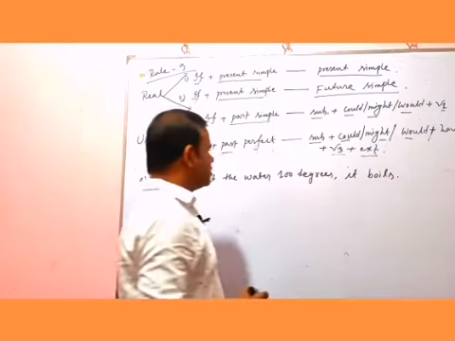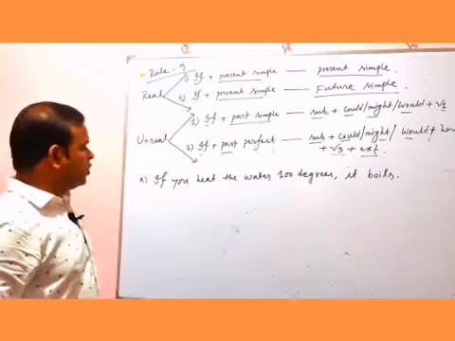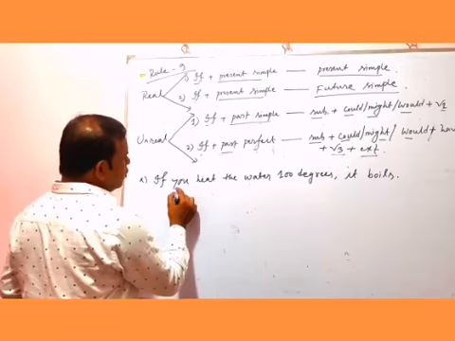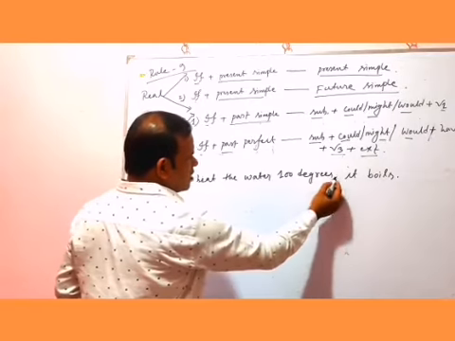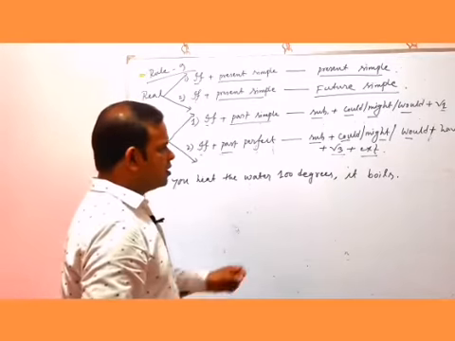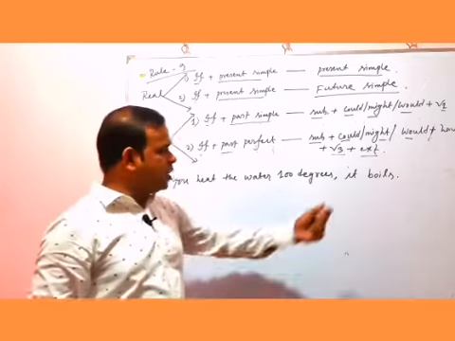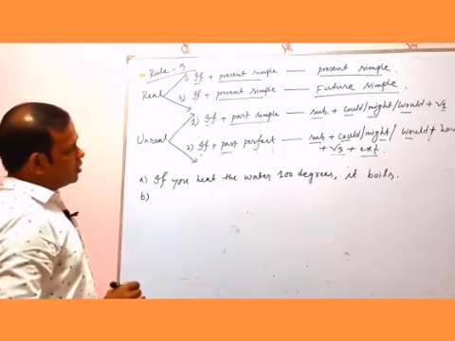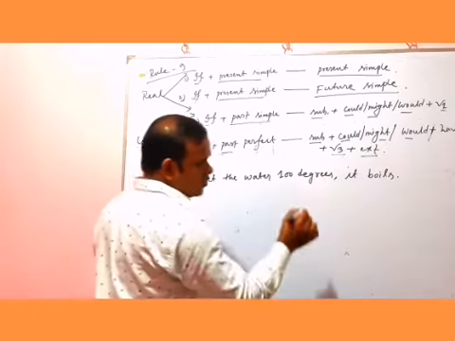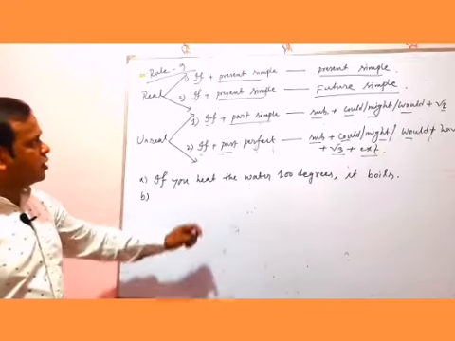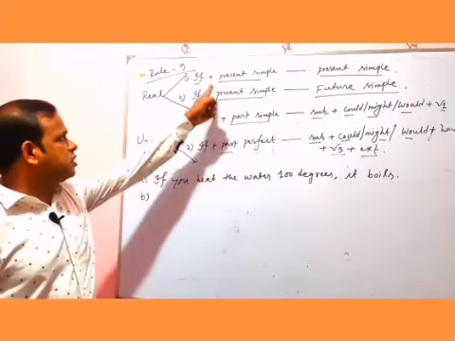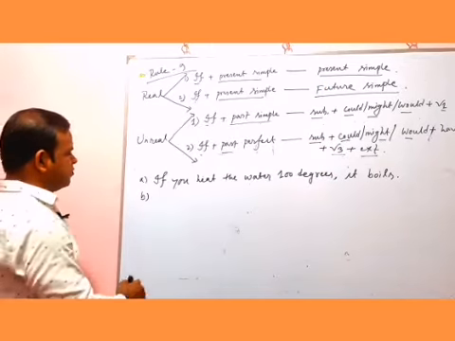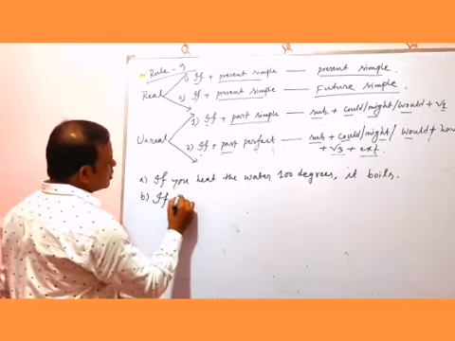That means scientific truth. We can say this is zero conditional. If you heat the water to 100 degrees, it boils. That is scientific truth. If it is scientific truth or general truth, at that time the if part will be present simple and the next part will be present simple.